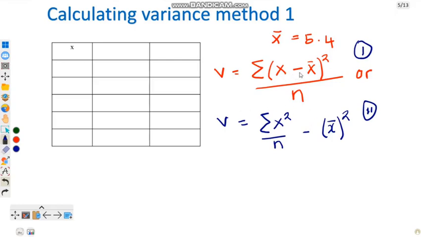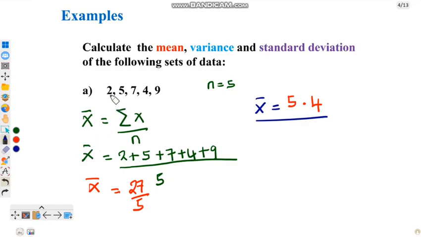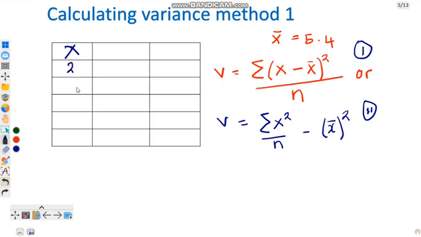For the first formula, we need this table, and here we put x. Under x, we put the values that we had: 2, 5, 7, 4, 9.